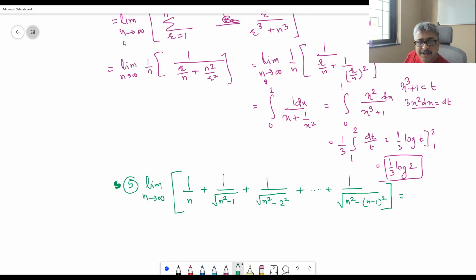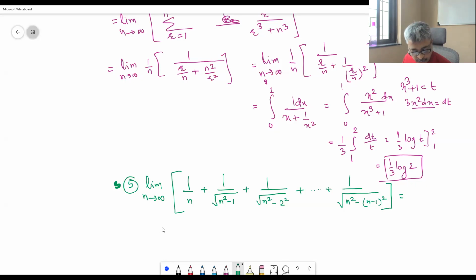There are minor changes. The only difference in this problem was sigma was going from 0 to n minus 1. That means you are picking up the leftmost point as your k value in that interval.